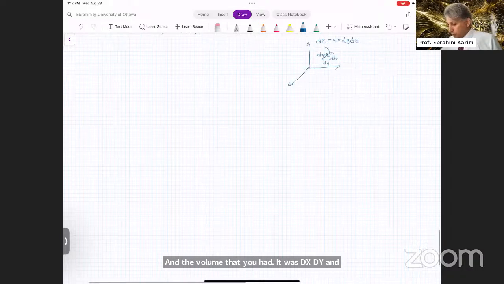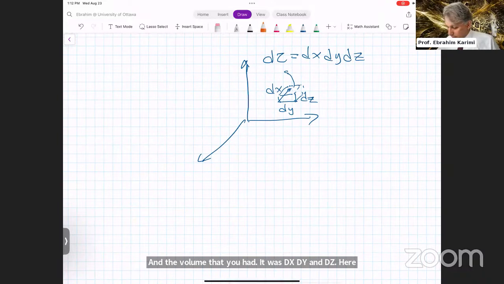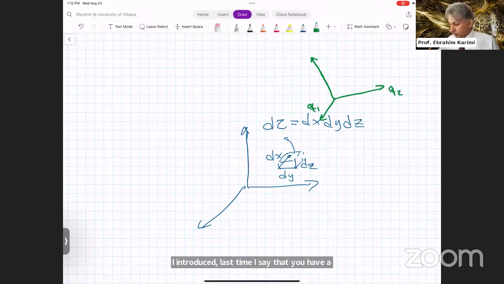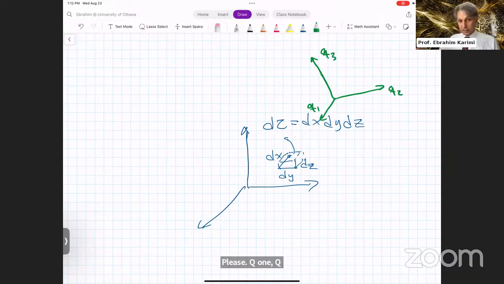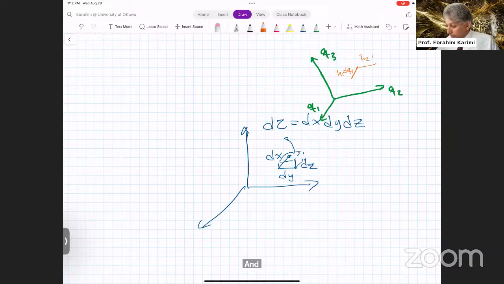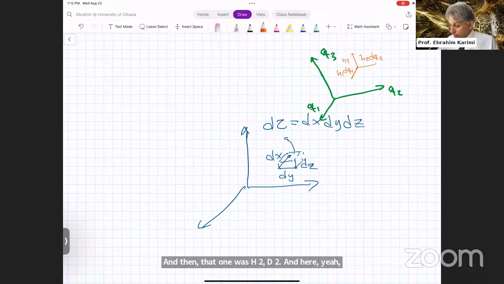Here we will go with our coordinates, the coordinates that I introduced last time. I say that you have q1, q2, and q3, which are changing in space as well. Then how to build up a volume: I move in the direction of dq1, so the length was given by h1 dq1, and then h2 dq2, and here the height was also h3 dq3.